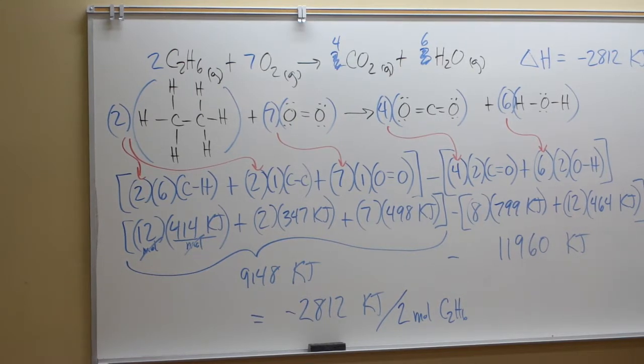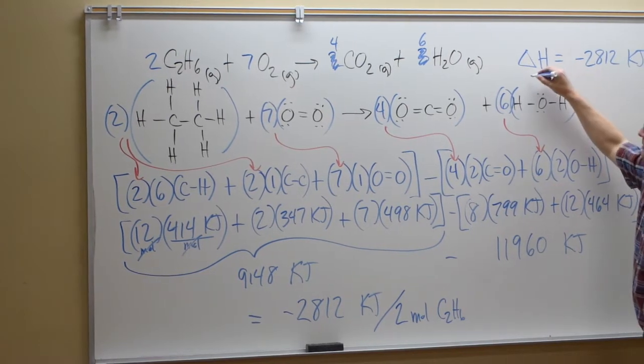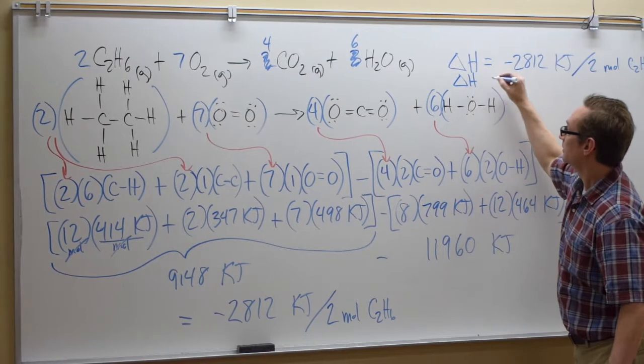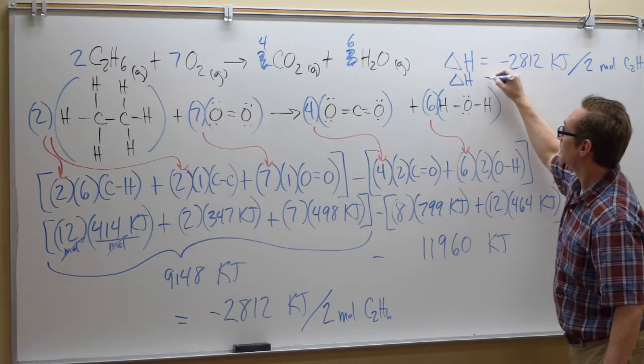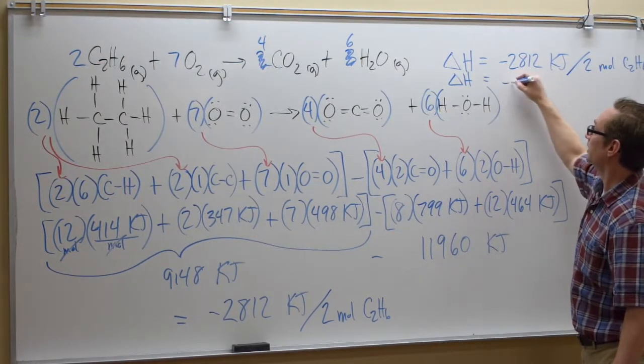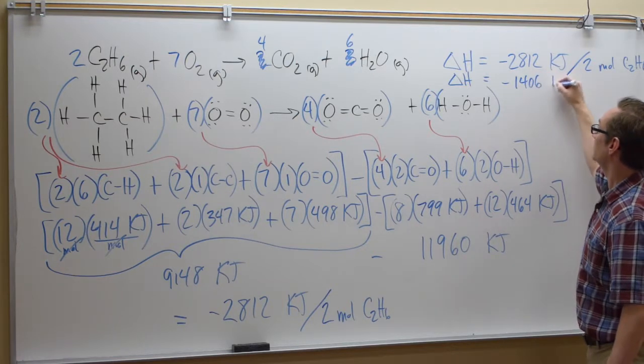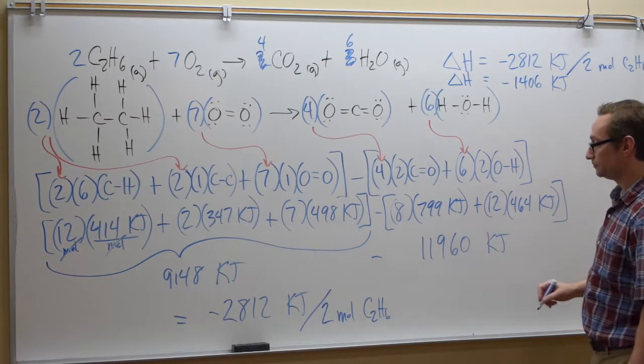What would it be for 1 mole? It'd be half of that, right? So delta H for the combustion of 1 mole of ethane would be negative 1,406 kilojoules.